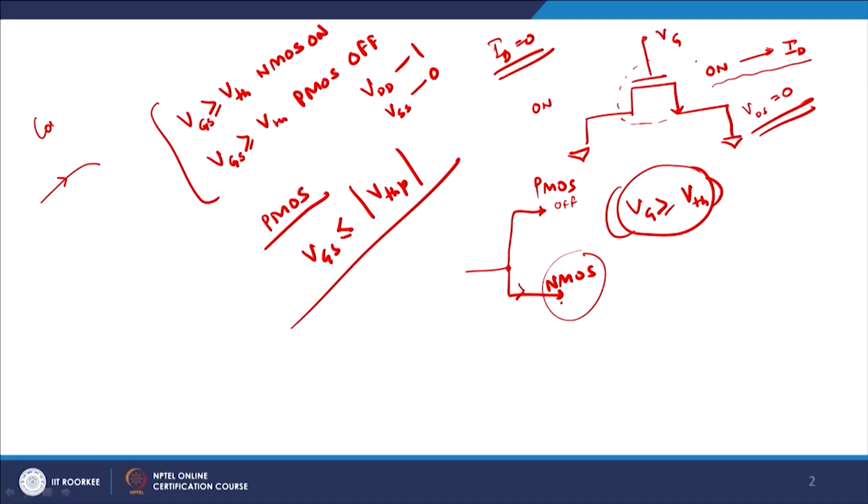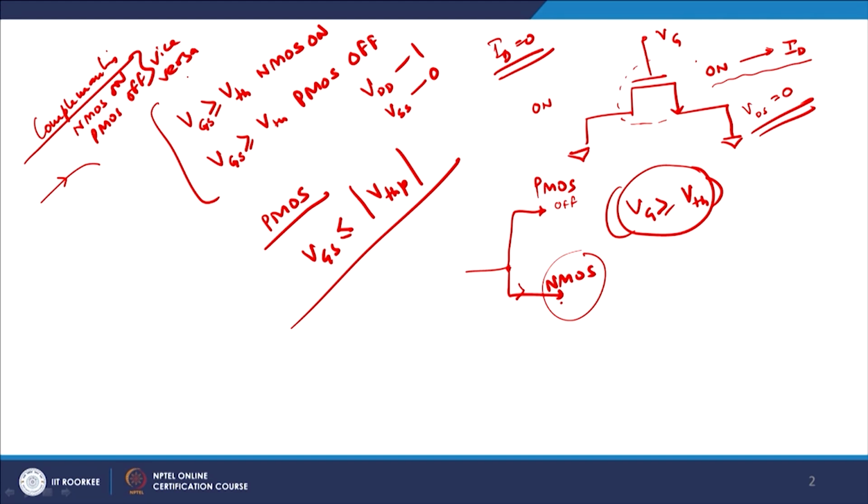They will be on together for a small duration of time, but for most of the voltage range I will always get these as a complementary switch. What is the reason for complementary? Because when NMOS is on, PMOS is off, and vice versa.